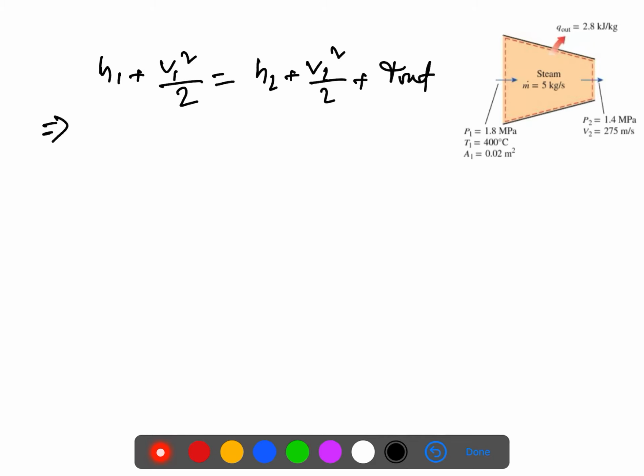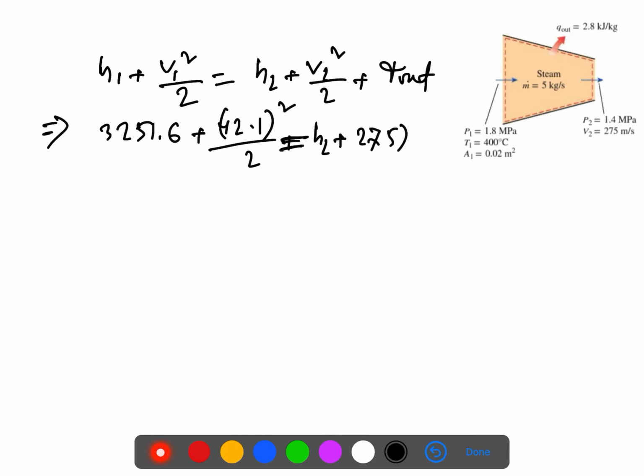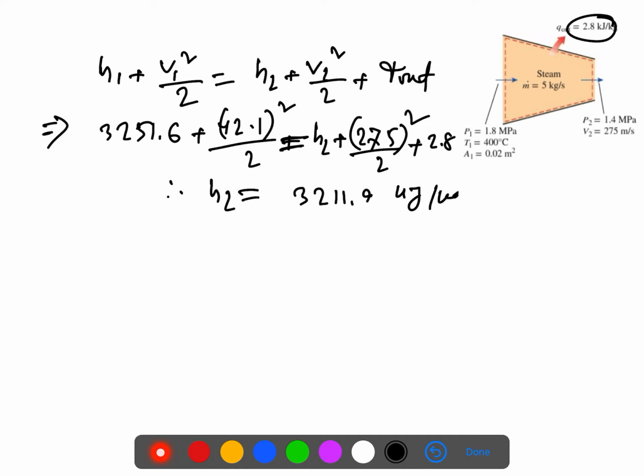The h1 we got equals 3251.6, V1 equals 42.1, squared over 2, equals h2, which we need to calculate. V2 is given from the problem, 275, squared over 2, and the q out is 2.8. If we solve this, then we'll get h2 equal to 3211.9 kilojoule per kg.